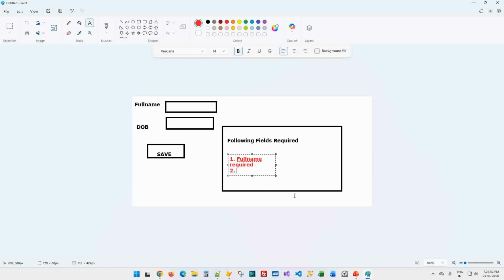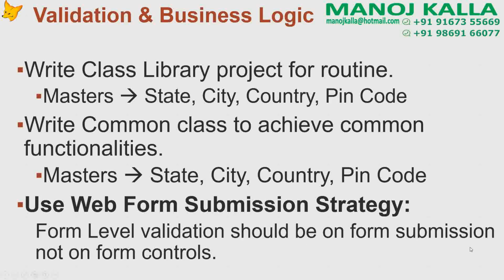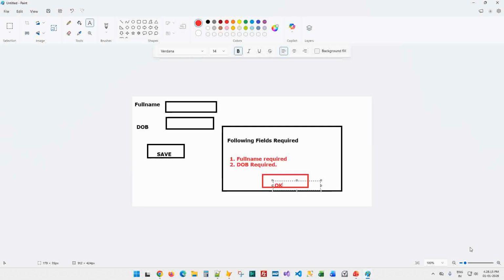Second, DOB required. Then only you can submit this form. And here will be an OK button. This is called what? At the time of submission. At the time of submission you can display and show this to the user. This is the common approach.